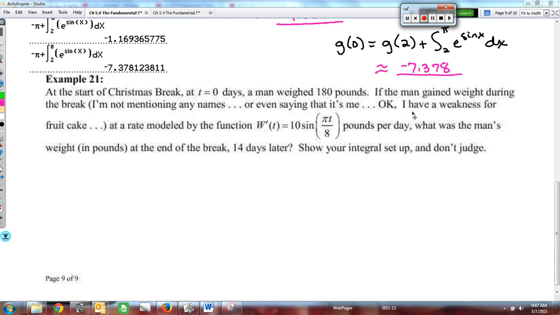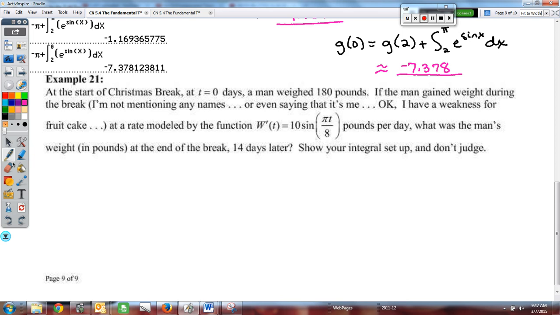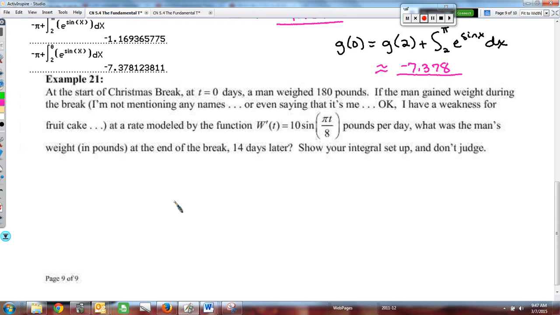All right, so now taking a look at our last example, example 21, is again this idea. As long as you remember when you're looking at your application problems on the AP that where I am can be found by taking where I was plus my net change, then when you hit the free response problems, it should be fairly straightforward.